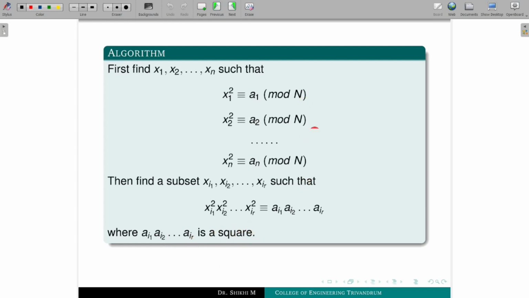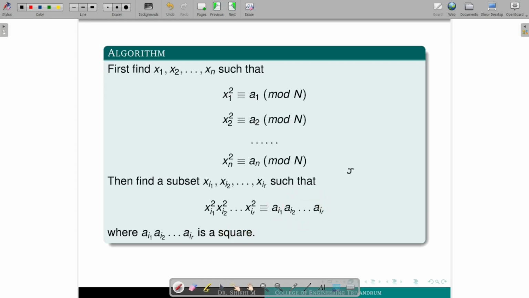So in these n congruences, we are selecting r of them such that the product of the congruences is given here, and the condition is that this right hand side becomes a square.